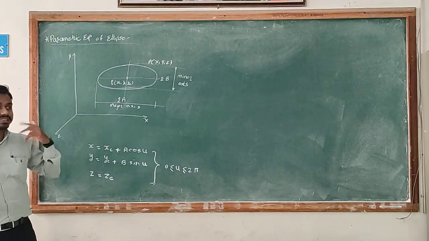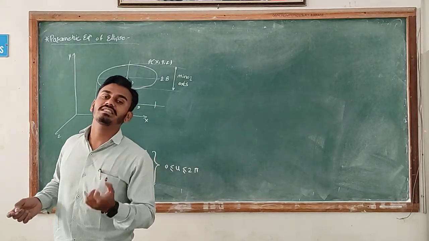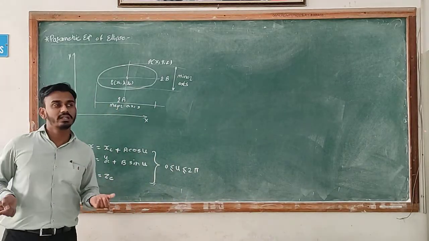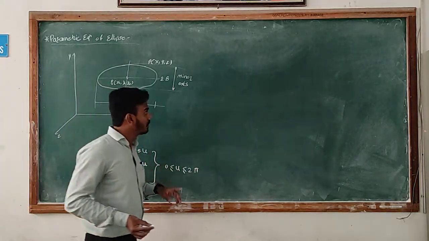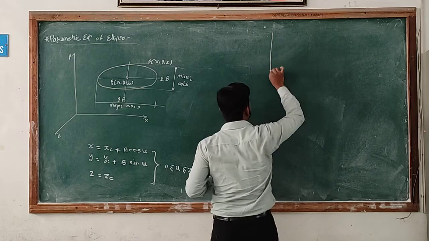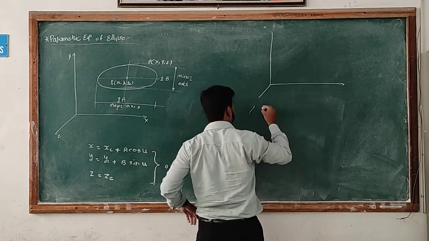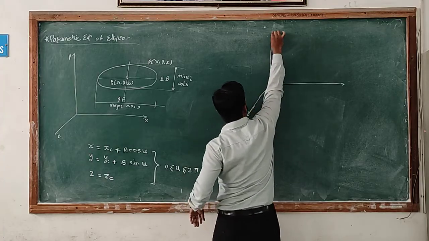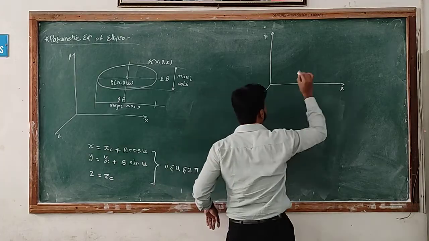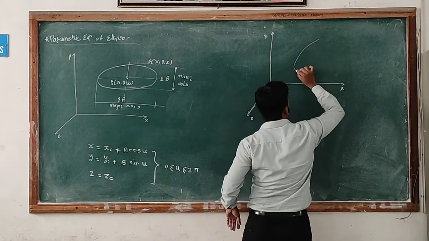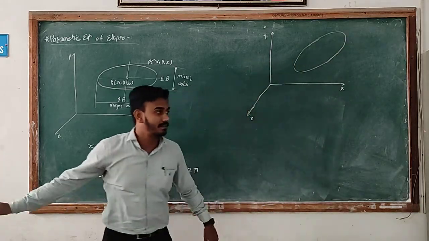Okay. Now the second case is when this ellipse is inclined to the x-axis with an angle alpha. Suppose this is my coordinate system x, y and z, and this is my ellipse.